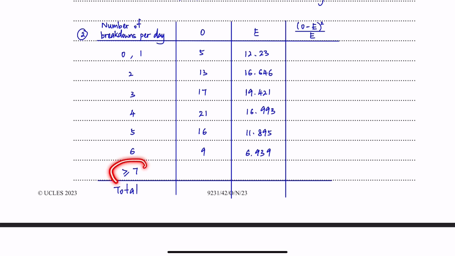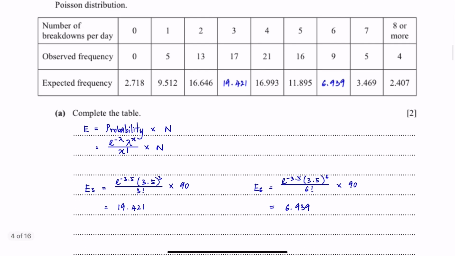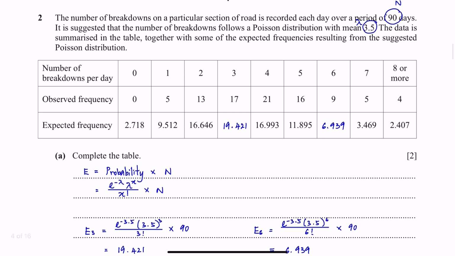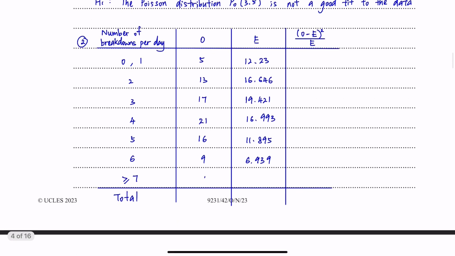So for more than or equal to 7, the observed frequency would be 5 plus 4, and the expected frequency would be 3.469 plus 2.407. So this would give us 9 and 5.876.